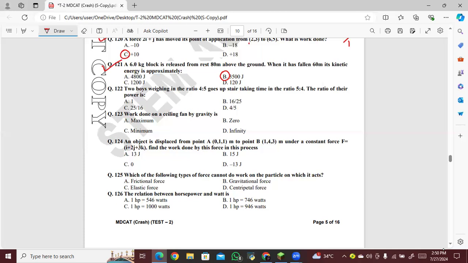The ratio of their power? So the power is work done over time. The work done is mgh. So their weight is in ratio 4:5, and time is inversely proportional to power. So you will take inverse of the time. You will multiply it. 4 into 4, 16. 5 into 5, 25. So answer is 16:5.